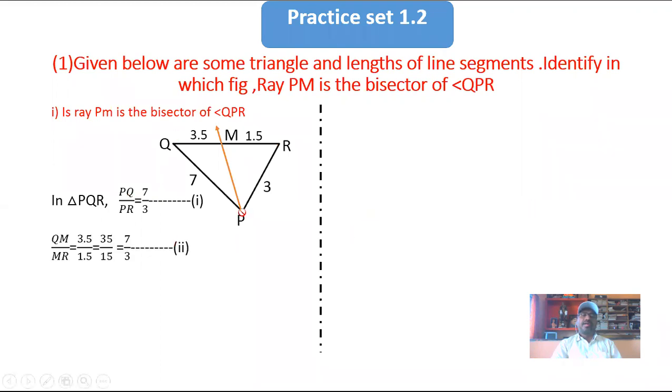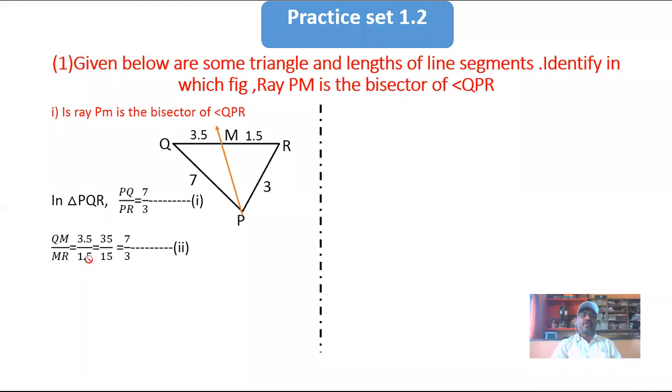Similarly, ray PM bisects angle QPR and the opposite side QR is divided into two parts. Their ratio QM to MR is equal to 3.5 upon 1.5.